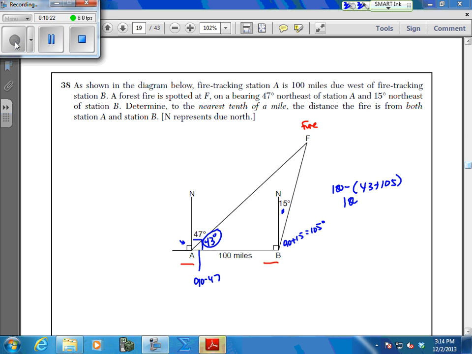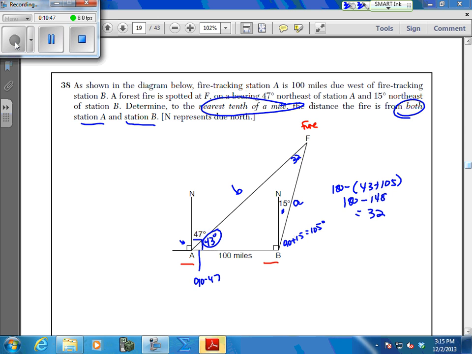So this is 180 minus 148, and this will give you 32. That's this angle up here. Now, it is asking you to find both station A and station B, the distance to the tenth of a mile from A to B. So I'm going to call this one B and call this one A.